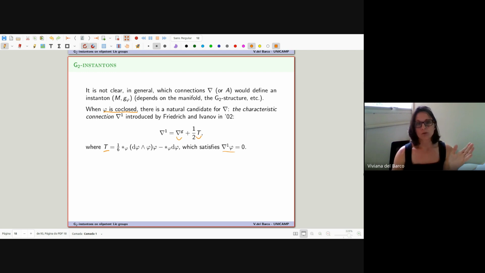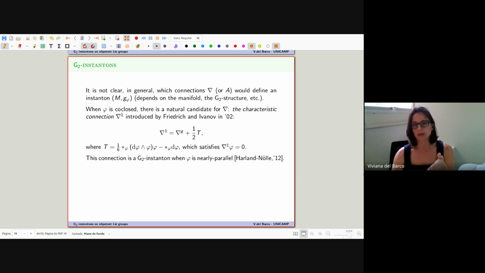Okay, so when you have a coclosed G2 structure, you can define this connection, and this connection was proved to be a G2 instanton for nearly parallel structures, which are also a subclass of coclosed. This was shown by Harland and Nölle in 2012.